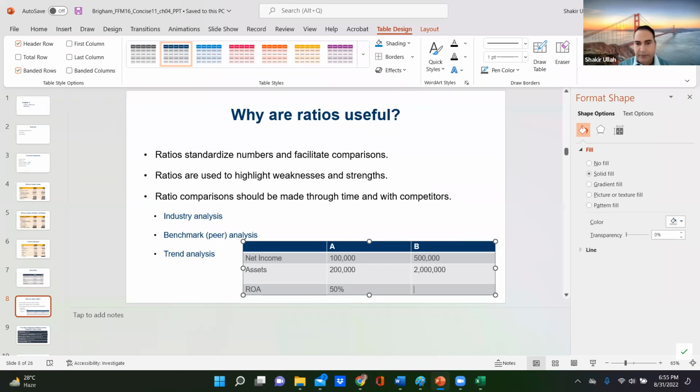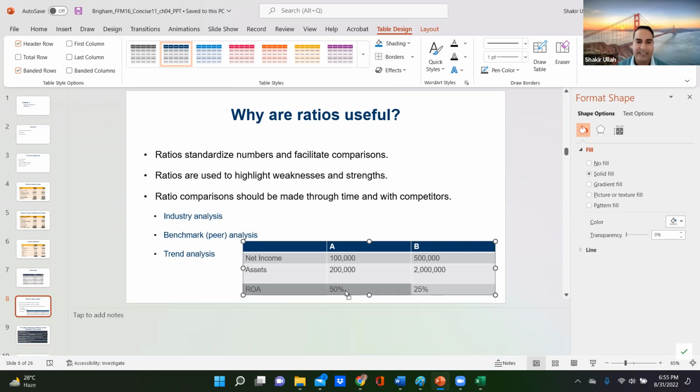And for company B, the income is only 25%. Correct me if I'm wrong. Is that 25%? Yes, I think so. So 25%. Now, when we convert this earning into a percentage of assets, that is a ratio, and it gives us much more information.